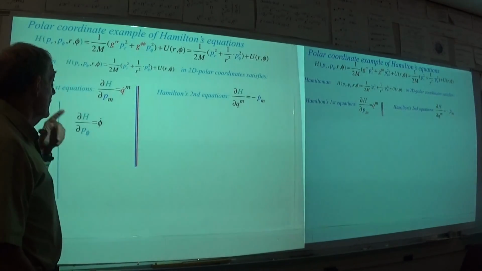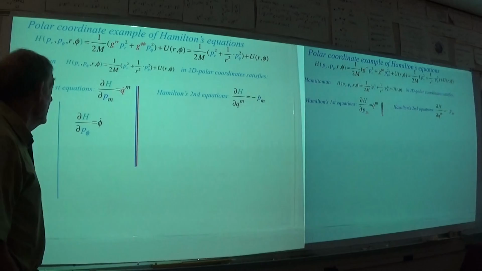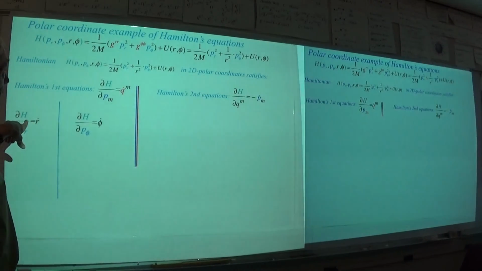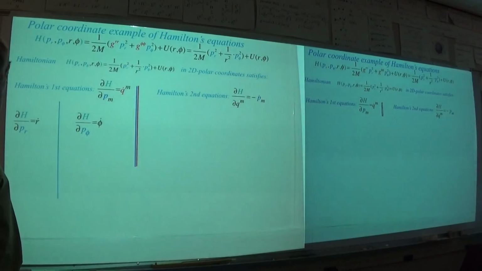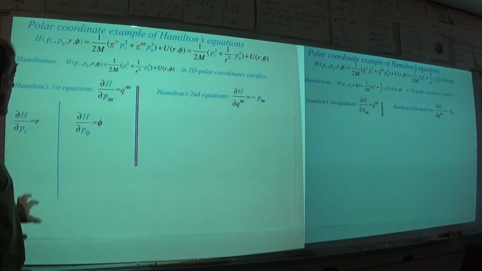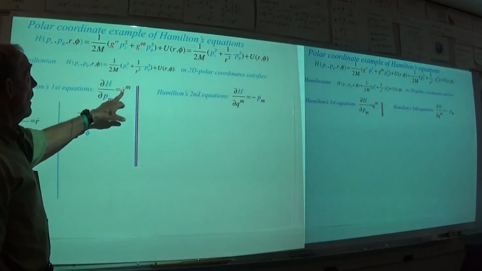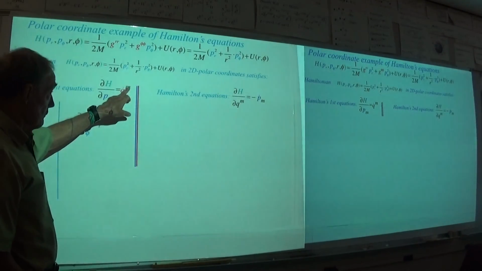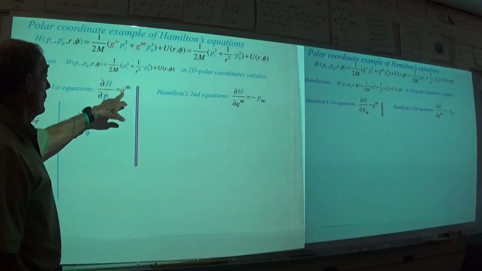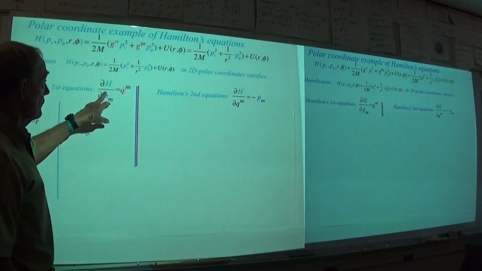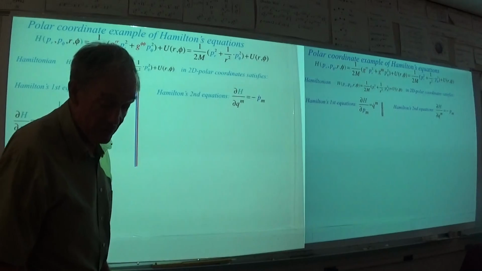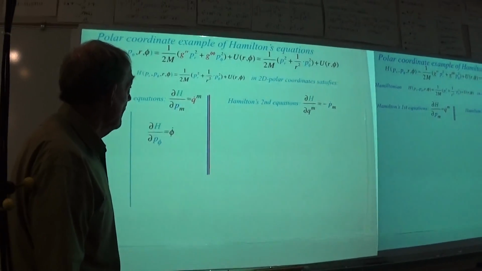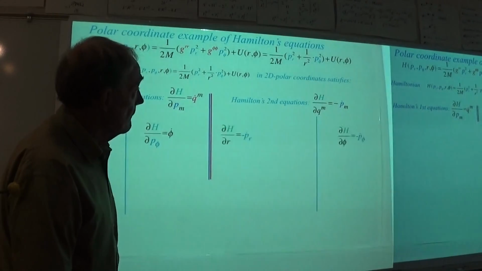Look up here at the H, I can take a partial derivative as good as anybody. What I'm noticing here, partial H with respect to p r. This is the equation where r is our number 1 coordinate. So this is r dot, this is phi dot. I'm just writing down that first equation, and then the second equation is going to be done with the other parts of the component, angular and radial.